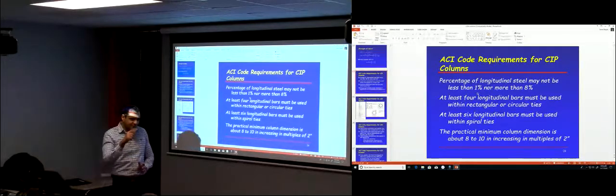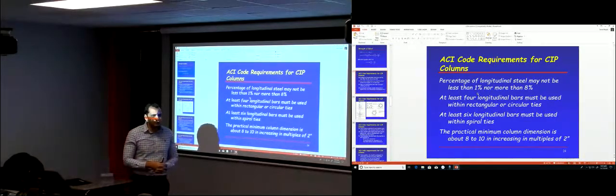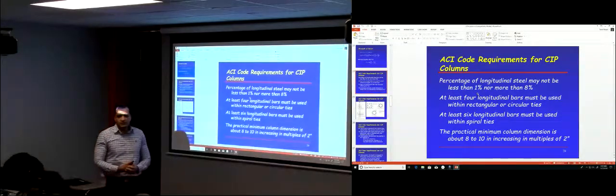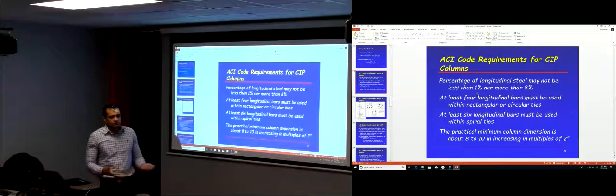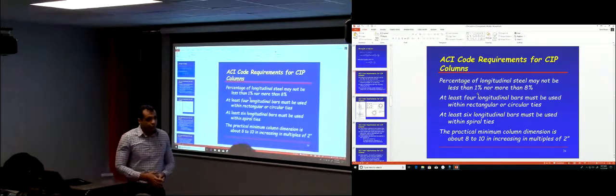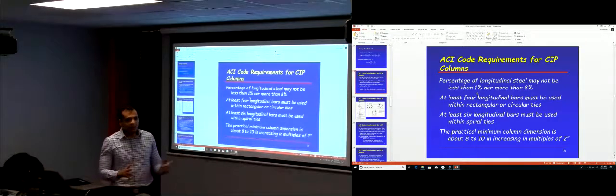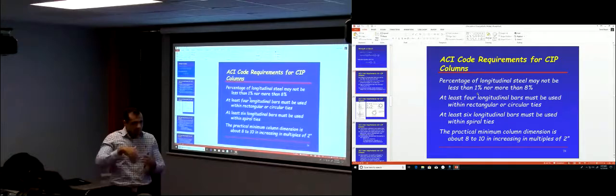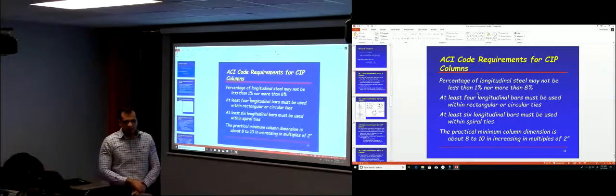The longitudinal steel cannot be more than 8% of the area of the column. Why do you think the ACI code put that requirement? So there's warning before failure, maybe? No, because the way the column works, it's not like the beam. In the beam, the more steel you put, the strain is going to get less. But here, it's an axial stress, you're going to have the same strain. It's not going to have any effect on the strain.